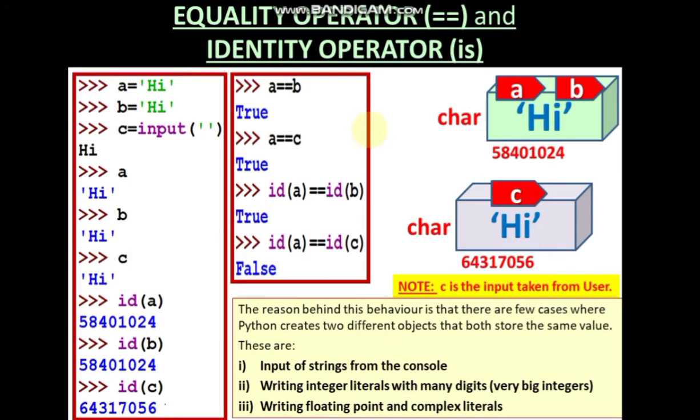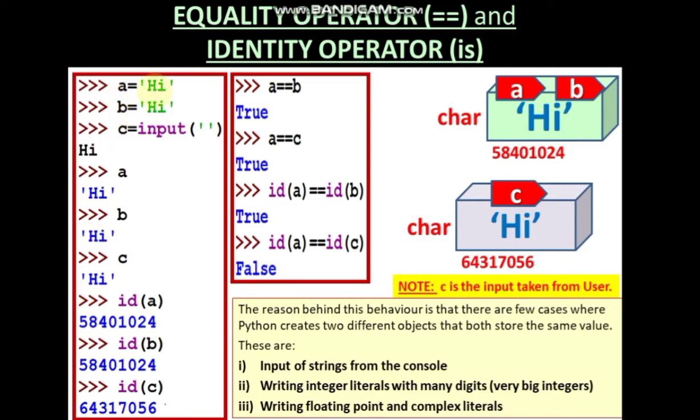And the difference between the equality operator, that is double equal to, and the identity operator, where the difference lies and where the exception is. Suppose we are taking three variables.